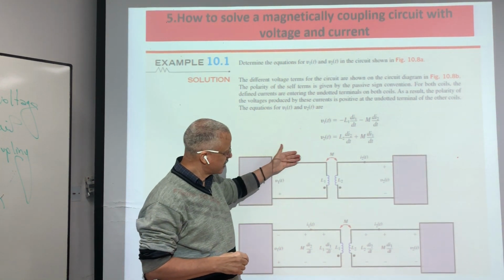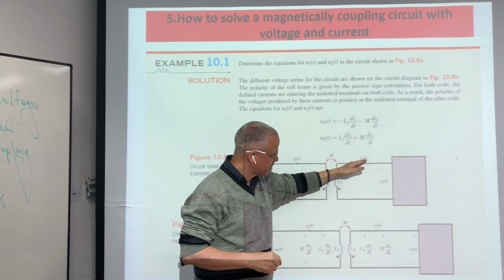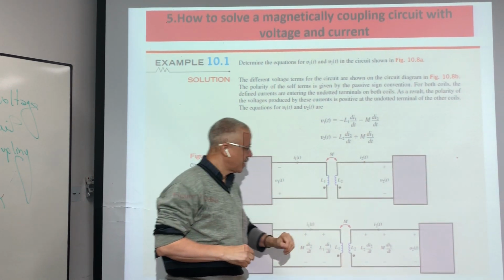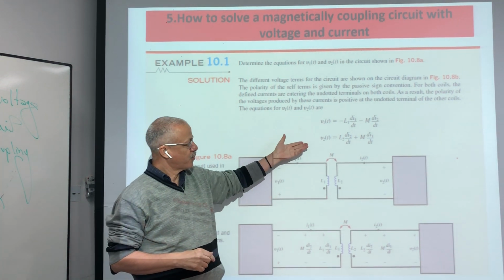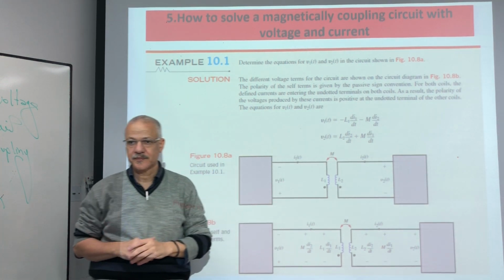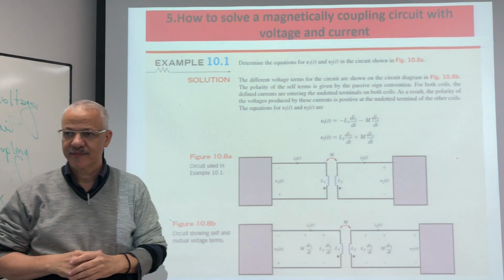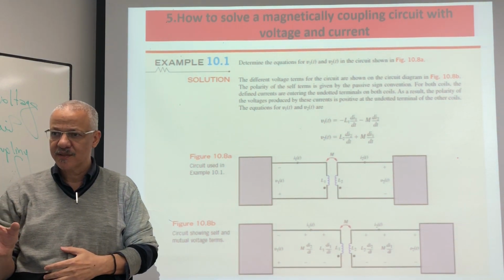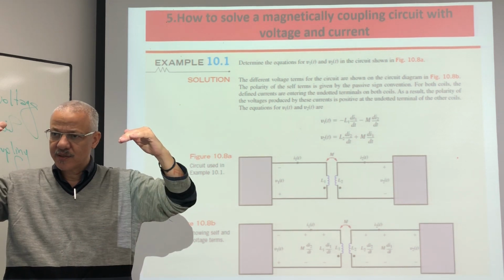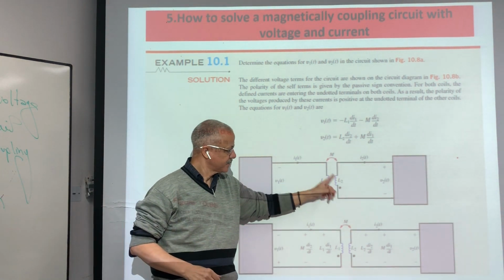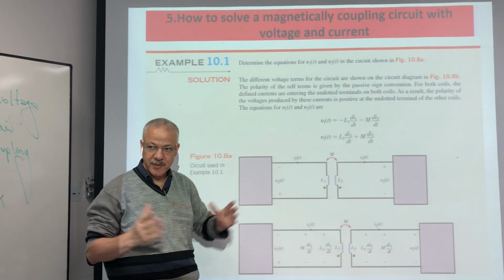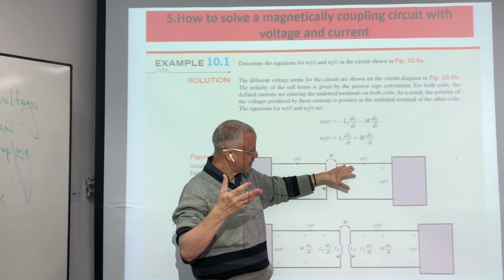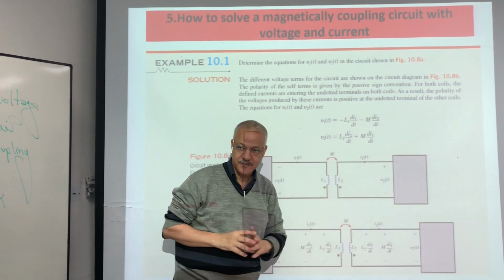If the current flows in this one, the current flows in this one, so I have to calculate the voltage here and the voltage here. If I ask you, will the mutual be negative or positive? Positive. Why positive? Typical dots, typical direction. It's not reversed. It's okay. Typical current flow in the circuit as we explained, and the typical dots.